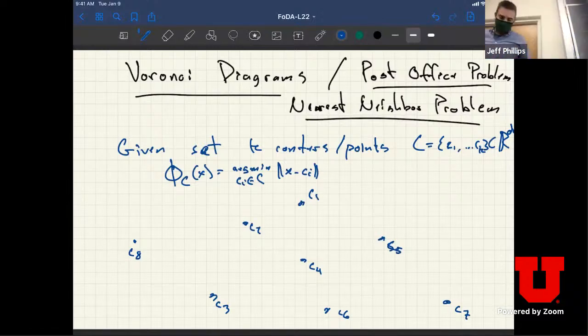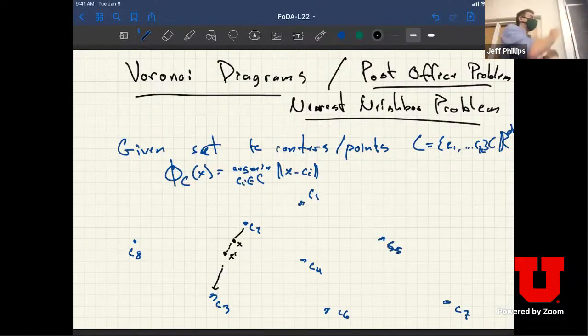The way to do this is to think of decomposing the space into regions. If I have a query point x, it maps to C2. If I move it slightly to x prime, it still maps to C2, but at some point it switches its allegiance over to C3. Think of how post offices are put out.